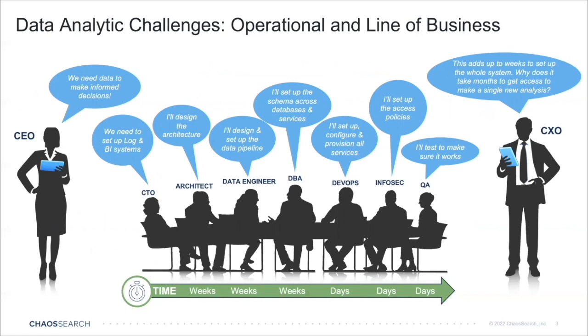So you have all these different players: the CTO saying, how do we set up these logging and BI solutions? The architect has to design these elements. The data engineer has to set up the pipelines to get it into those systems. The DBA has to set up and design those solutions, and the DevOps have to manage and provision it. And don't forget the security people and the QA people, who want to make sure that everything's secure.